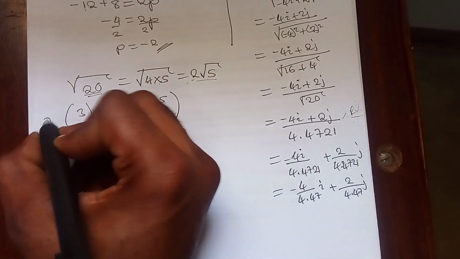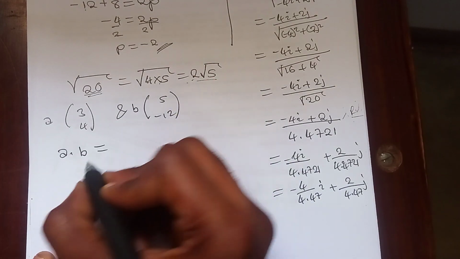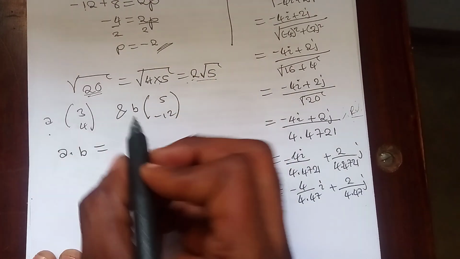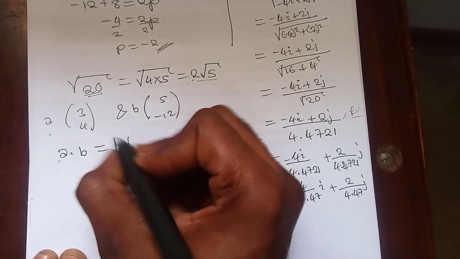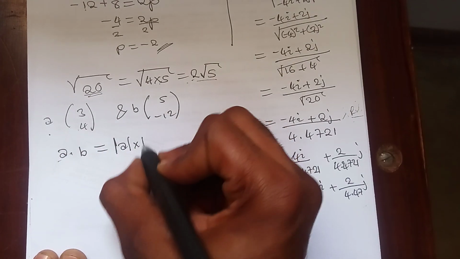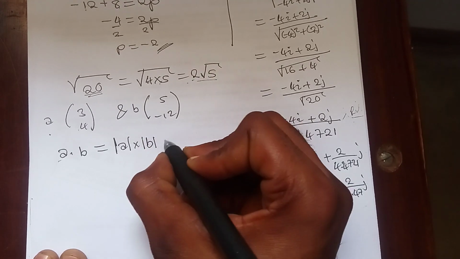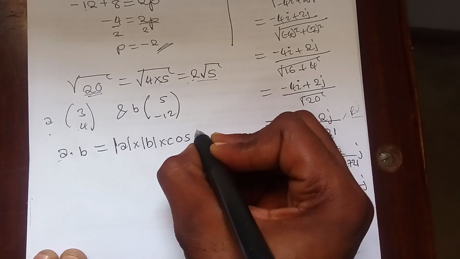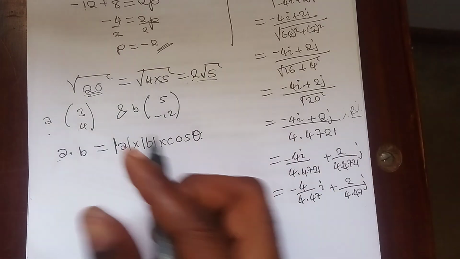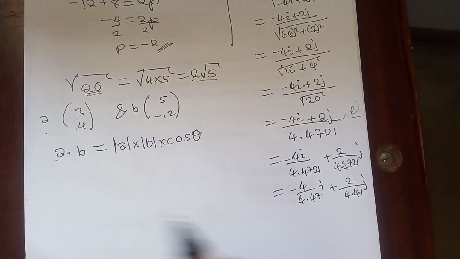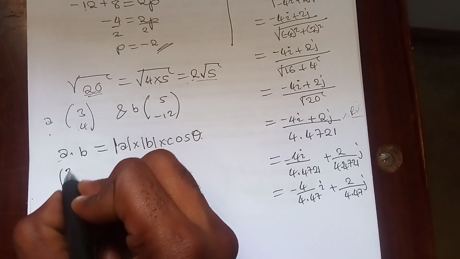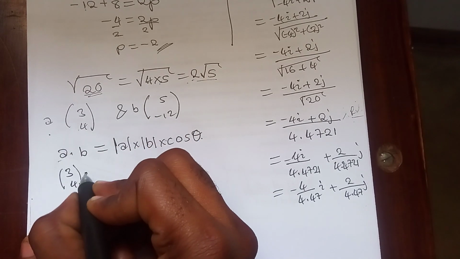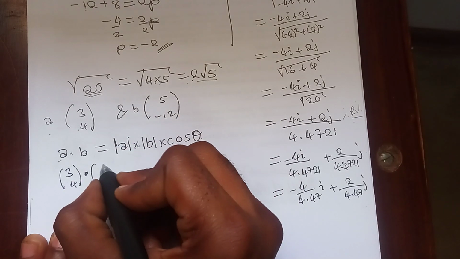Let's say this is A, this is B. The dot product is equal to the magnitude of A multiplied by the magnitude of B multiplied by cos theta, where theta is the angle between the two vectors.